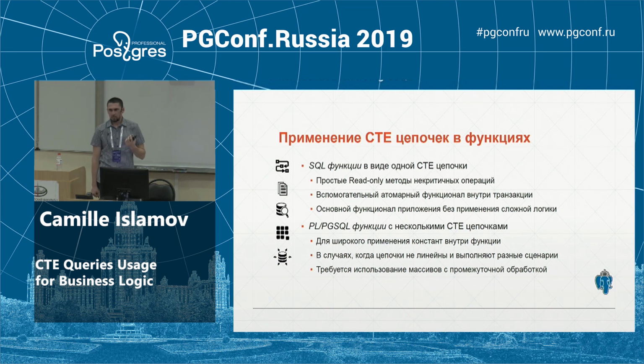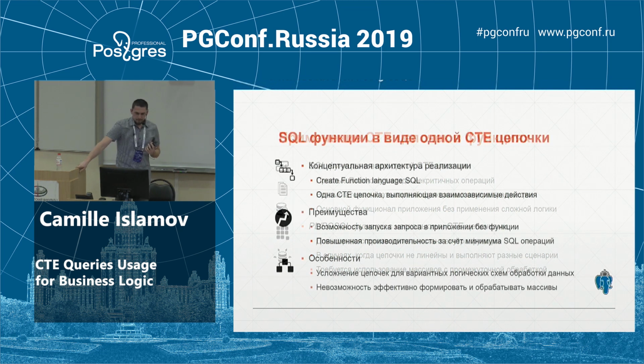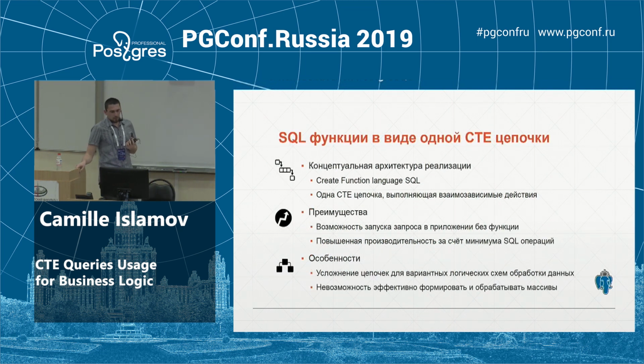But in this case, CTE queries play their role in optimization. In some way, we say which data should be taken in the first place in a more optimal way, how to join them, just to save resources. Here we see the description of the concept.